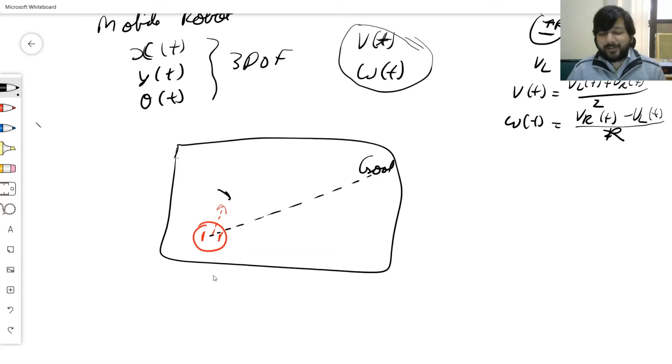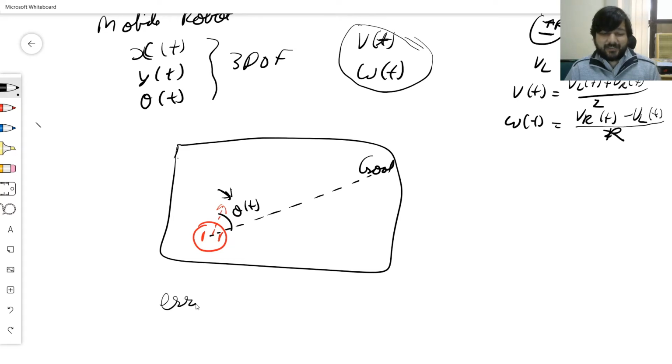Now it's simple, because I have one variable theta t to control, and there's one angular speed by which I'll control. So it basically becomes a manipulator.